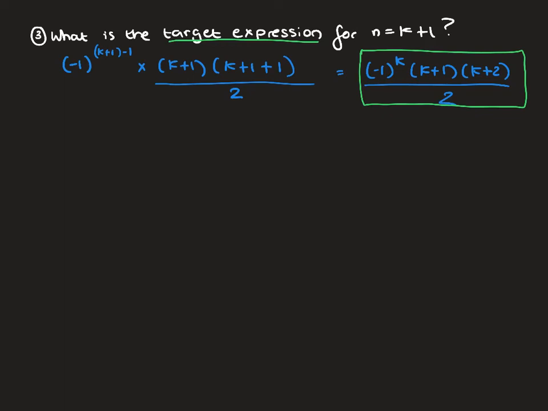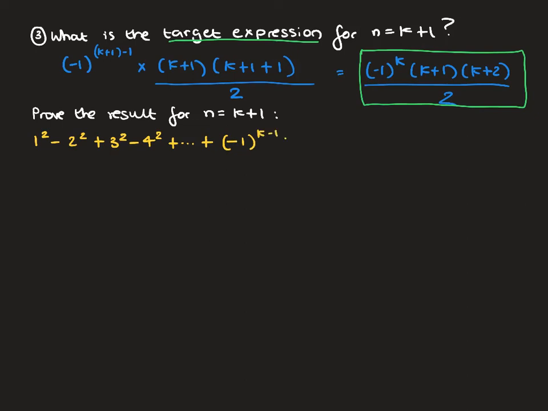So now we're going to prove the result for n equals k plus 1. So what would that actually look like? It would look like this. We would then have 1 squared minus 2 squared plus 3 squared minus 4 squared plus ... plus negative 1 to the k minus 1 k squared plus negative 1 to the k plus 1 minus 1 k plus 1 all squared.